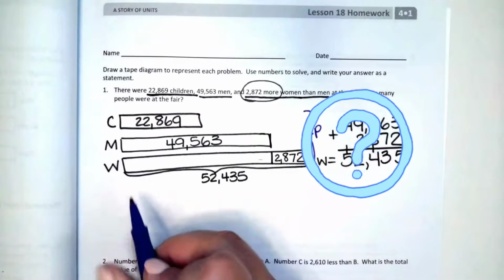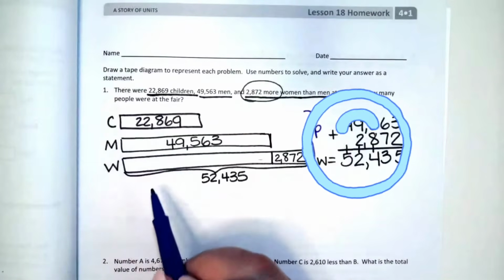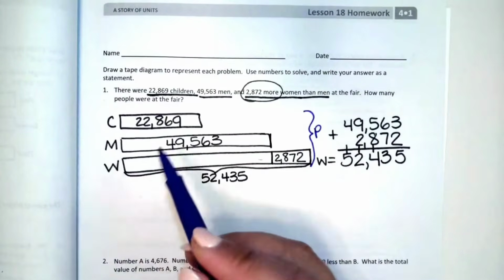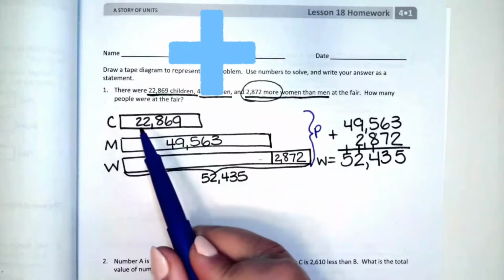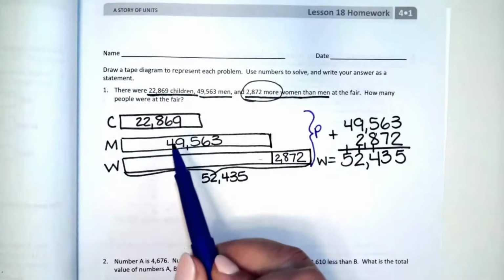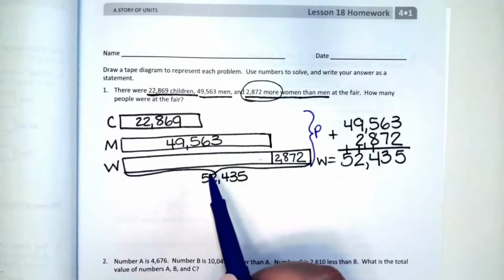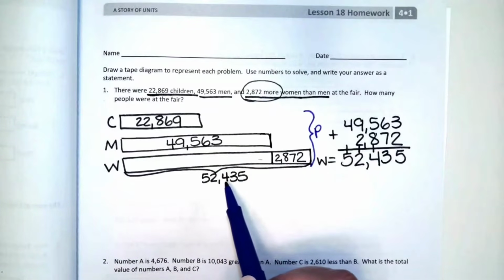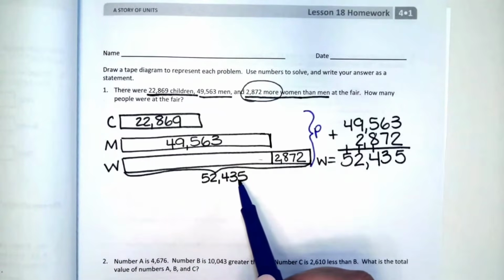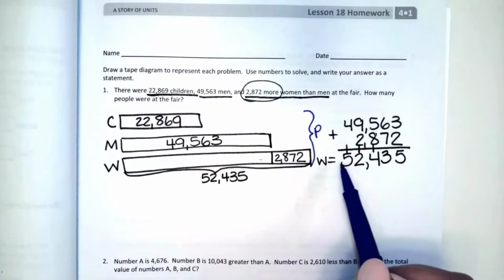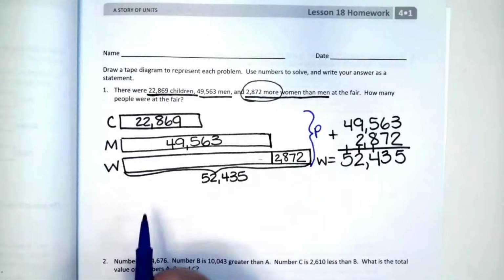What are we going to do to find out how many people in all? We are going to add our three numbers, 22,869 and 49,563 and 52,435. We're not adding this number. Remember, we already used that to find out what W equals.